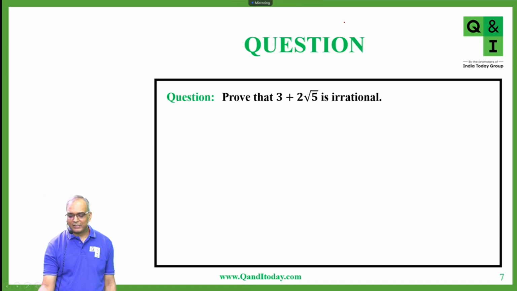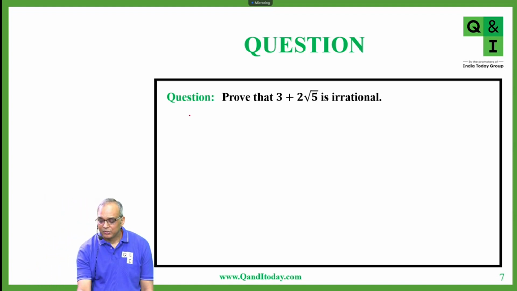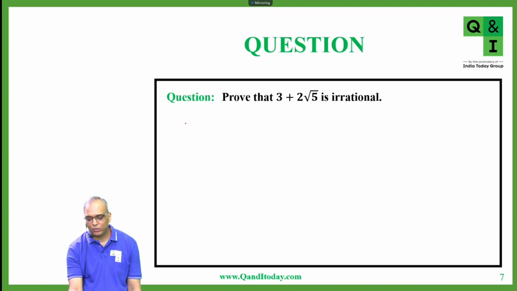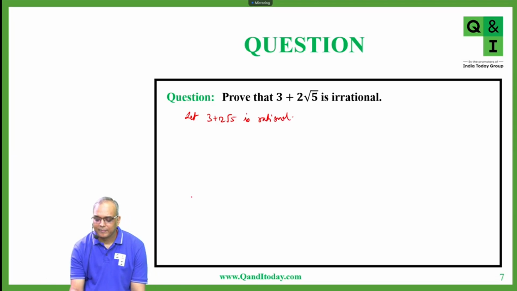So let's move ahead, students. Now we have to prove 3 plus 2 root 5 is irrational. Again, in these questions, we prove it by contradiction only. So let 3 plus 2 root 5 be rational.